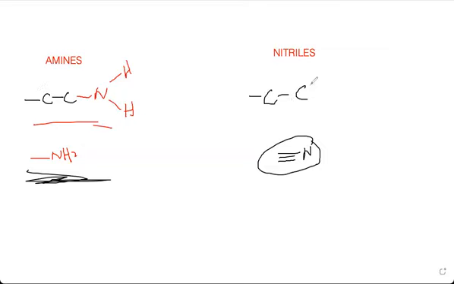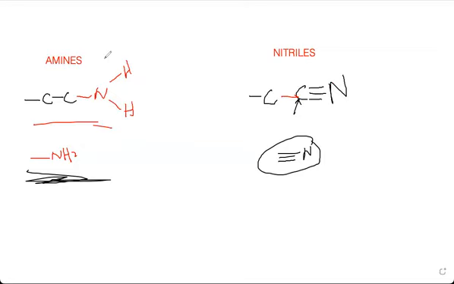Two carbons. You know, carbon can make 4 bonds. You can see this carbon is making 4 bonds, 3 with nitrogen and 1 with the previous carbon. But keep in mind, you cannot attach any hydrogen to this carbon now, because it is already making 4 bonds. This is the single bond of the carbon with the previous carbon, and there is a triple bond with the nitrogen. This is called nitriles.